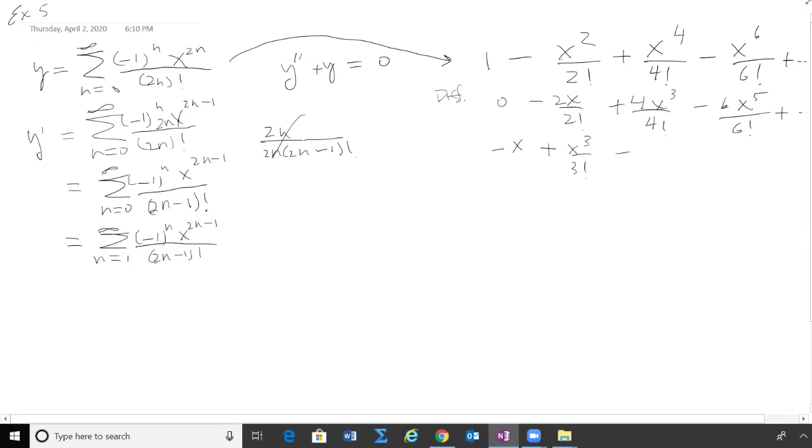Next one is x to the 5th over 5 factorial, and so on. Now notice what we have over here. Let's compare this result to this result. At n equals 1, expanding here, we'd have a negative x, and underneath here we would have 1 factorial. The next term would be plus, we square the negative 1, 4 minus 1 is 3, and we have a 3 factorial underneath here. Notice that it is lining up with what we have over here.